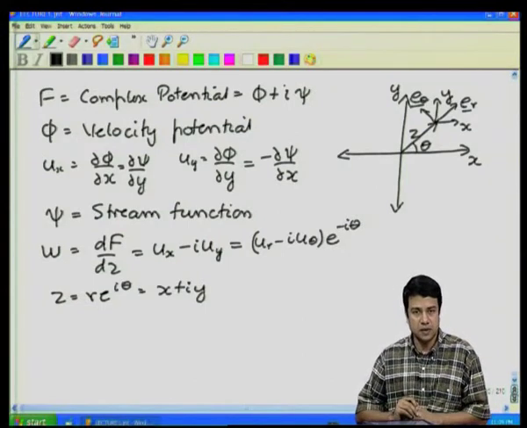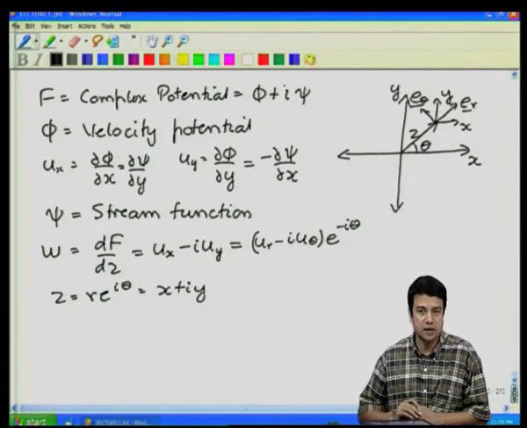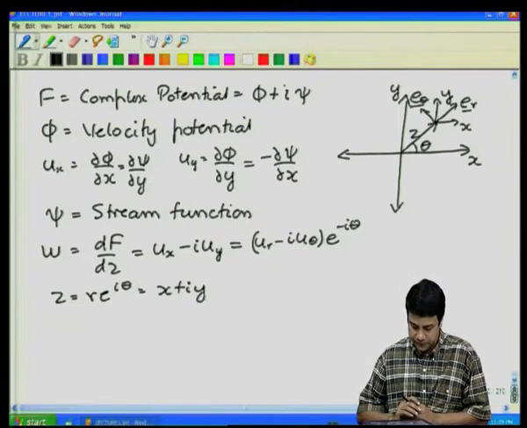So, that is how the complex potential and the complex velocity are related to the potential and the velocity in the two-dimensional x y coordinate system. So, now we showed that for every analytic function in the complex plane, the real part of that function represents the potential for some velocity field.